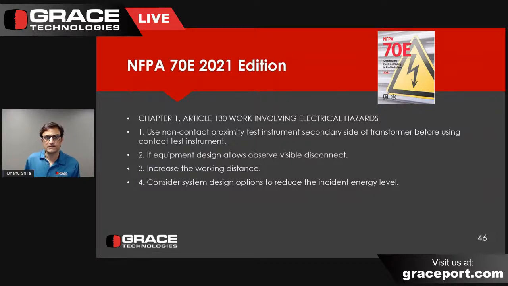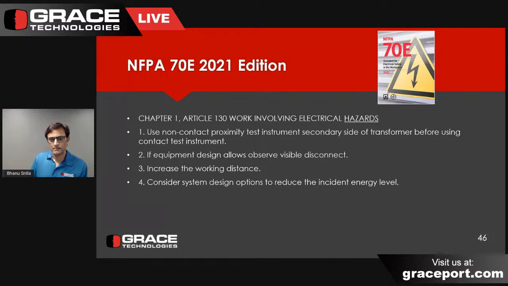So again, test instruments, article 130 involving electrical hazards, non-contact presence, test instrument, observe visible disconnect. Right, so this one's interesting. So people are going, well, what if the incident energy is this number and I don't have enough arc flash PPE for it? So this was added to clarify. So basically, use risk assessment if the incident energy value is greater than the available arc flash PPE that you have, and sort of four options were provided.